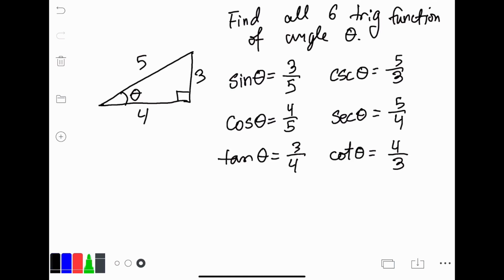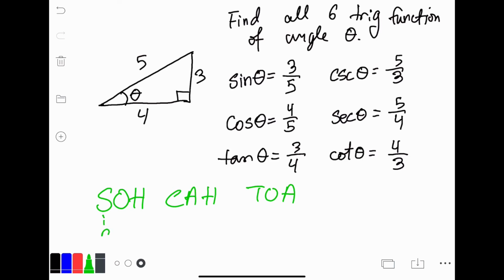I did not mention this before, but an easy way to remember sine, cosine, and tangent, if you haven't heard of this before, is SOHCAHTOA. This is an easy mnemonic device to help you memorize what sine, cosine, and tangent are. So, SOHCAHTOA, which sounds like a chant, goes as follows.